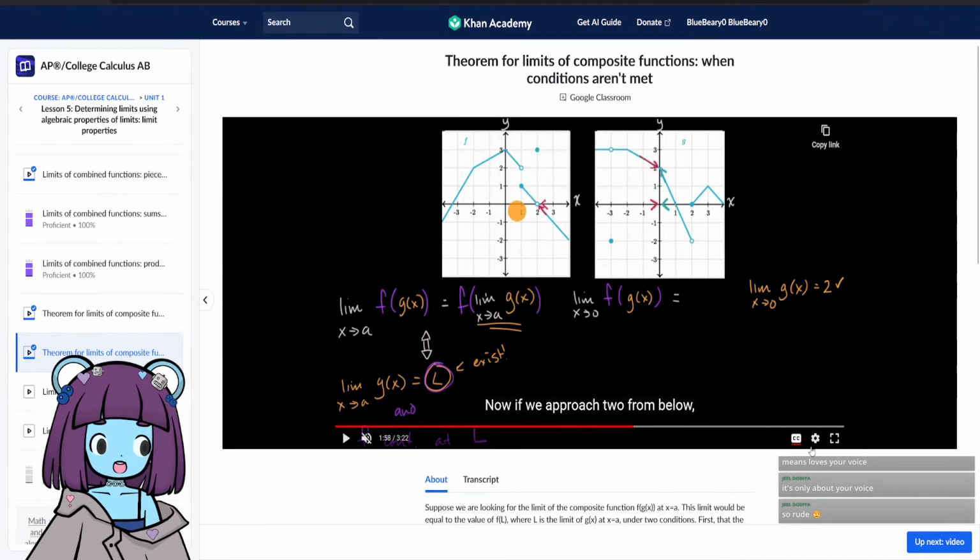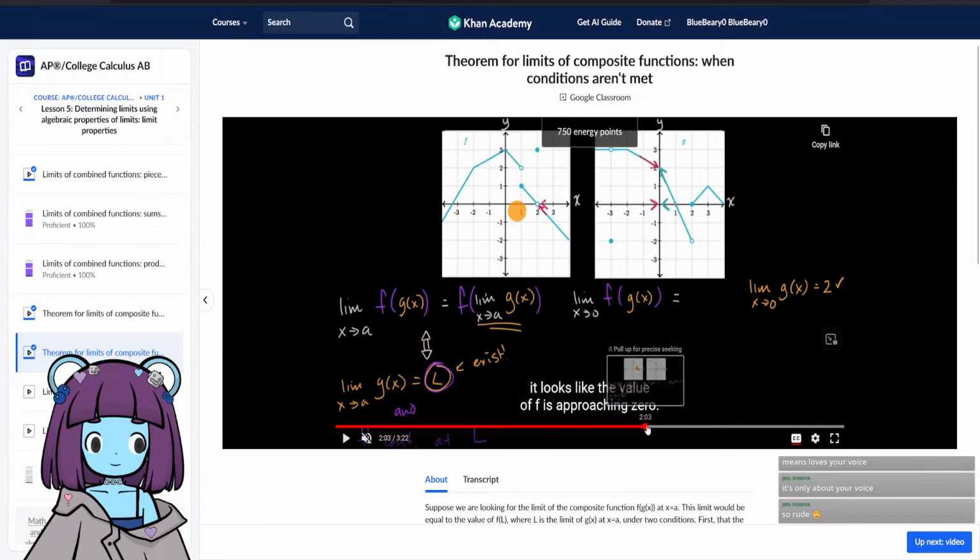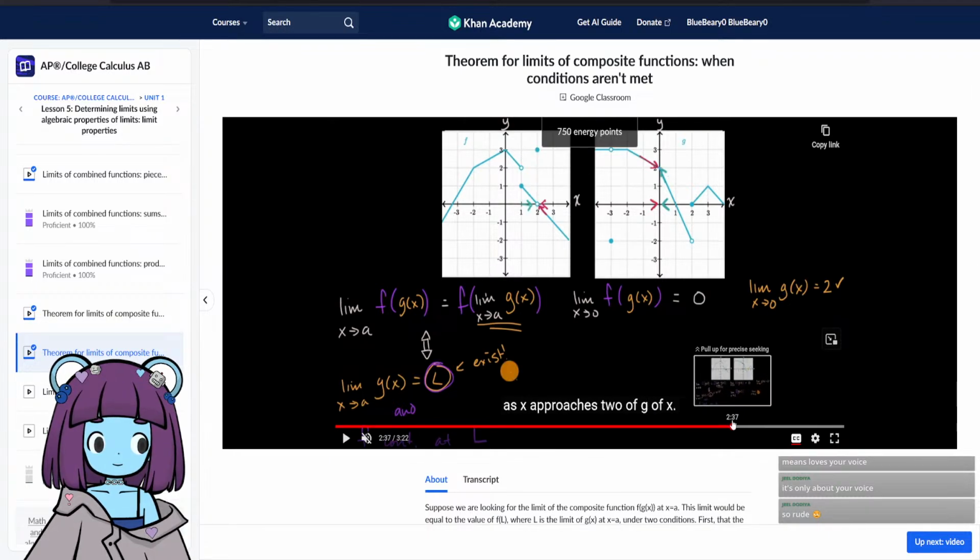So you still just look at the limits. Okay. Even if it's not continuous.